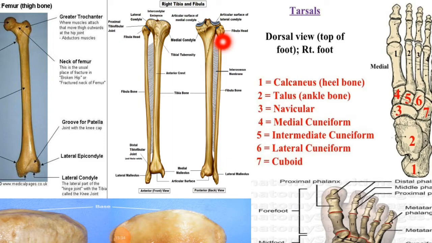The fibula has a head in its proximal part, and it will join with the tibia and form the proximal tibiofibular joint.